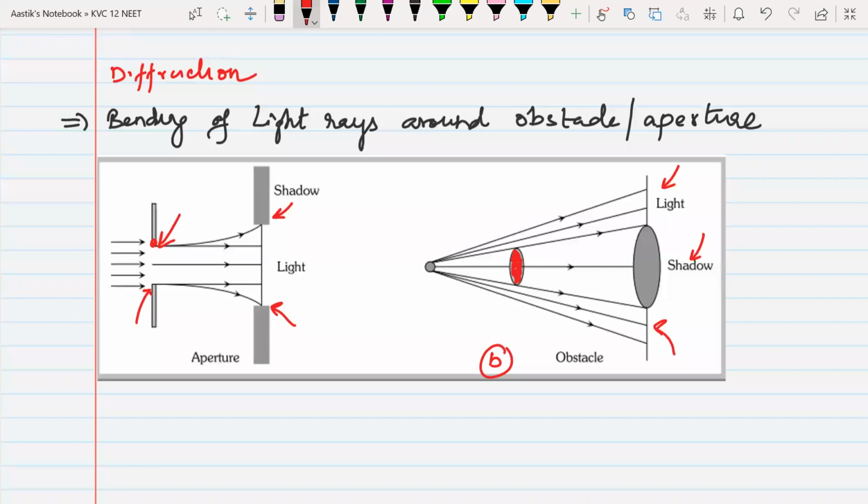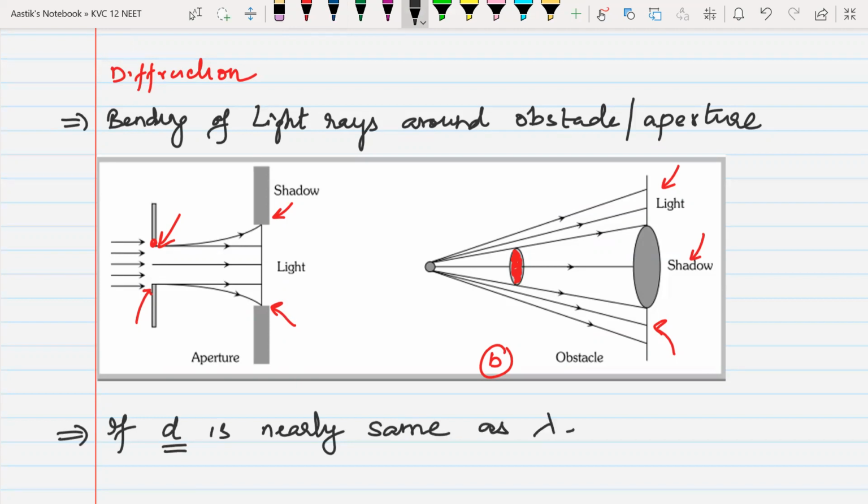Okay. Now, remember, this phenomena of diffraction is only observed, and that is an important point, if the size of the object or the opening, D, is nearly the same as the wavelength lambda of the light. If both of them are nearly equal, then you have this phenomena of diffraction.